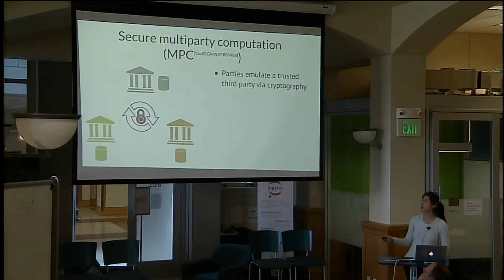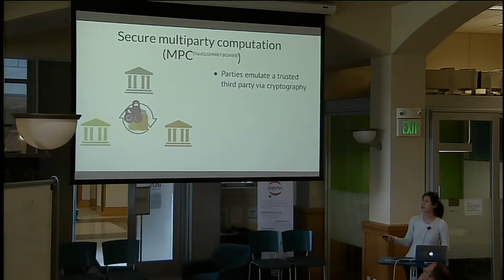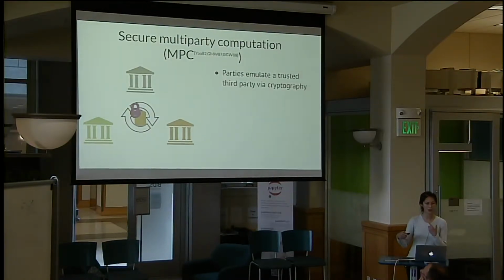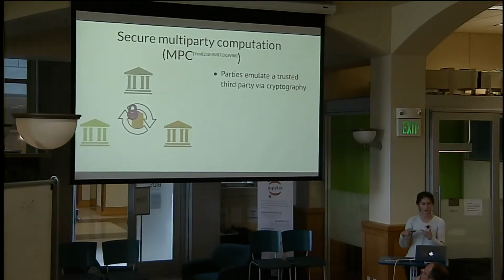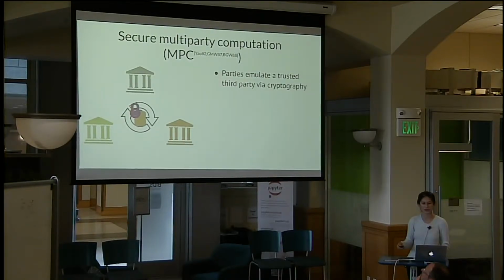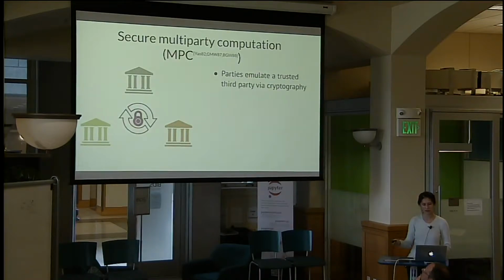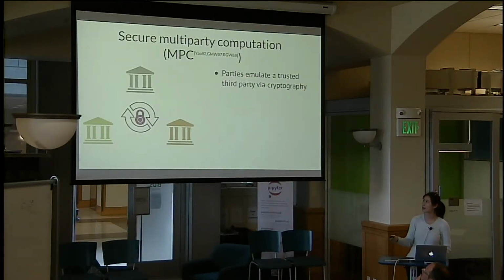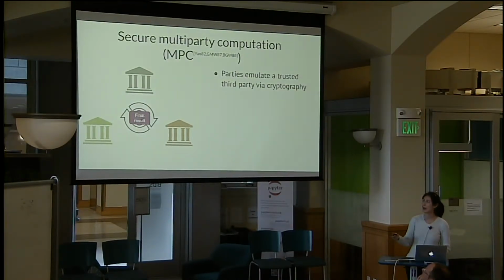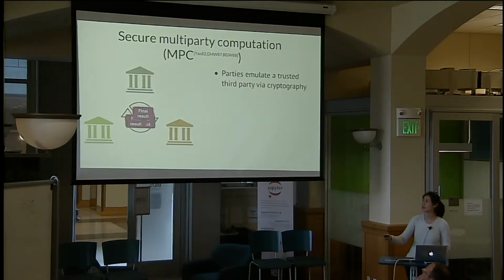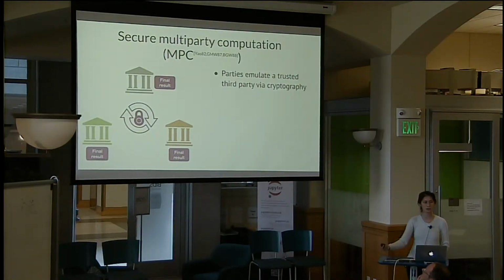In this case, what you do instead is send encrypted data to the parties involved, to all these banks, in the computation, and use MPC to compute an encrypted result. You decrypt it, and the final result is released in plain text to all the banks, to all the parties.